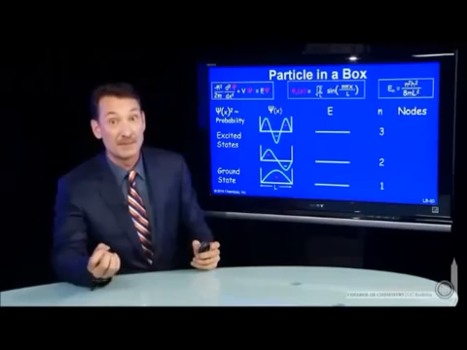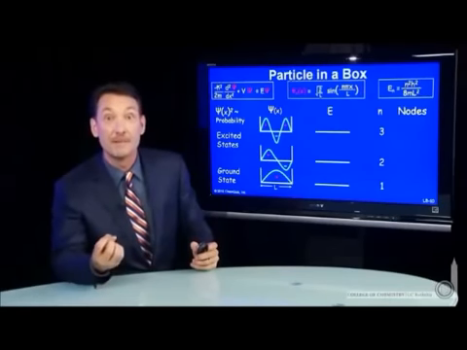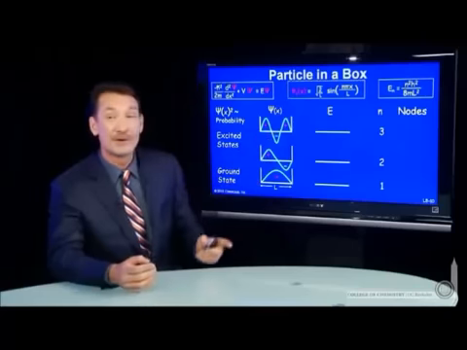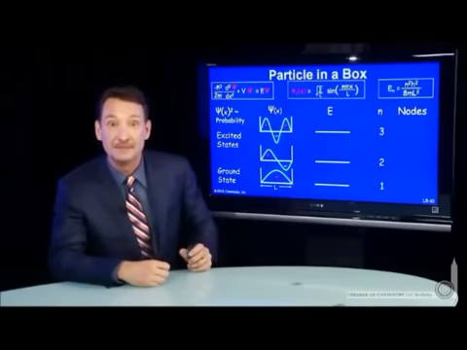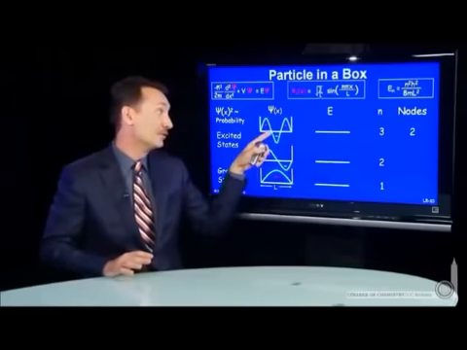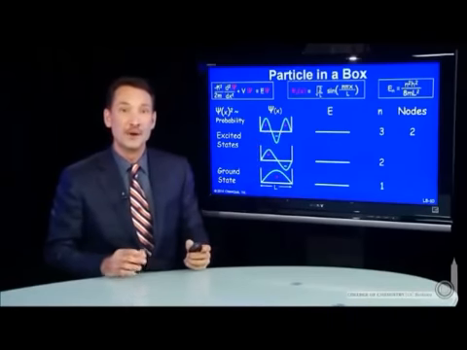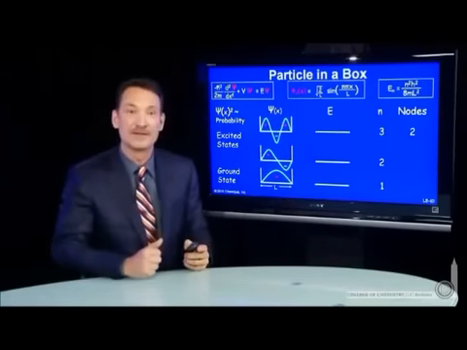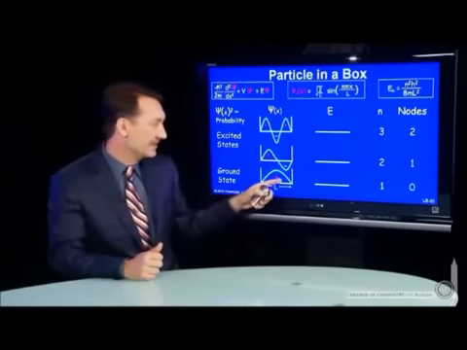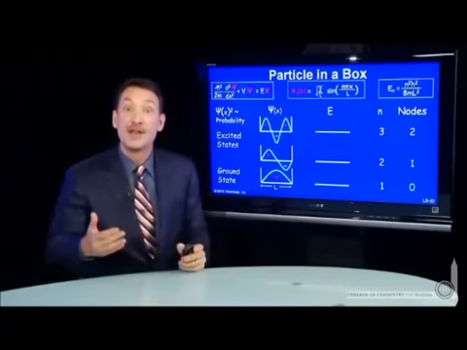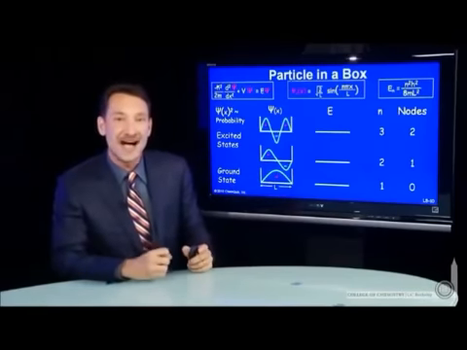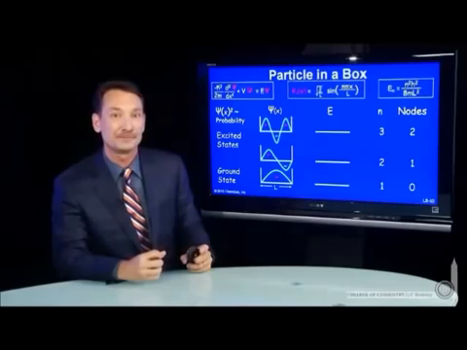And that's a strange characteristic of particles that behave like waves. There's portions of the box where the particle is forbidden to be. So this is interesting. I'll have two nodes, 1, 2, node A, area where the wave function goes to 0 in the high energy state, one node here and 0 nodes here. When the number of nodes increases, the energy state increases. That's a higher energy situation.